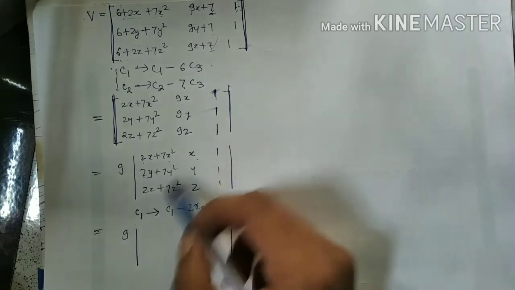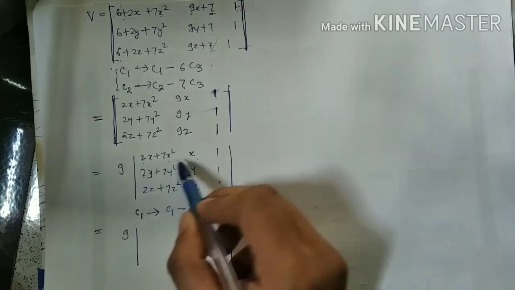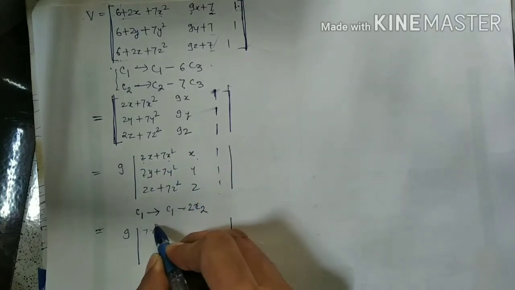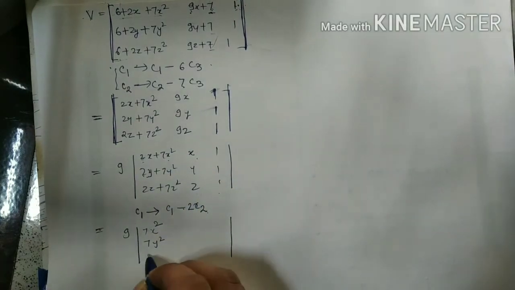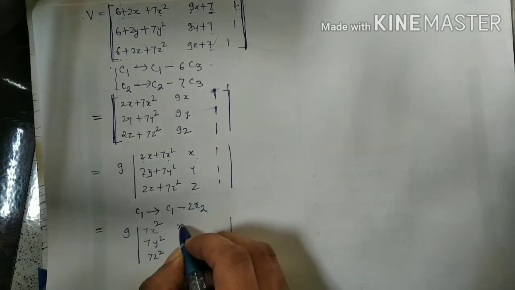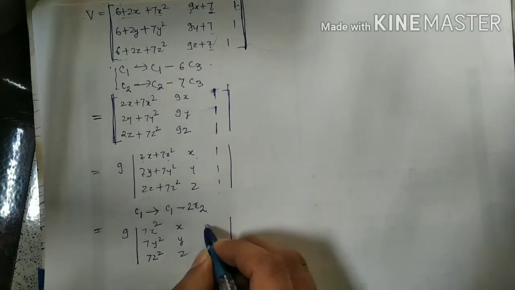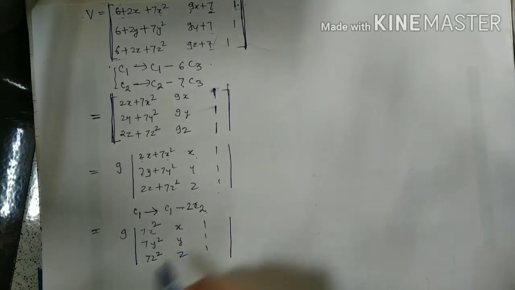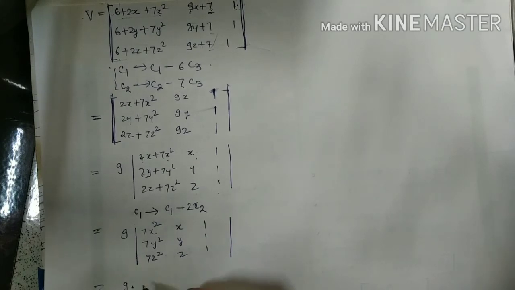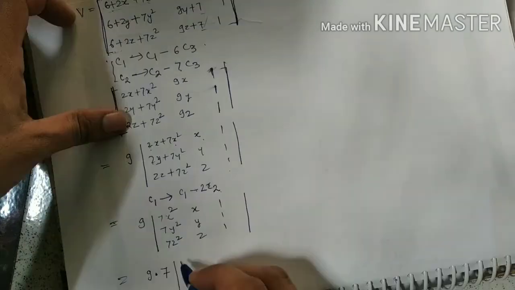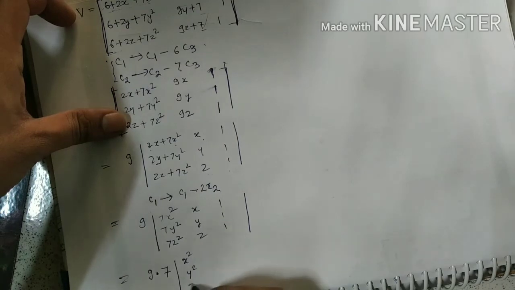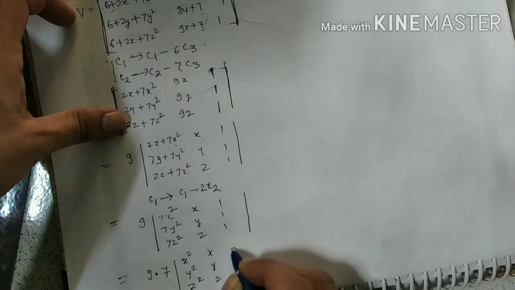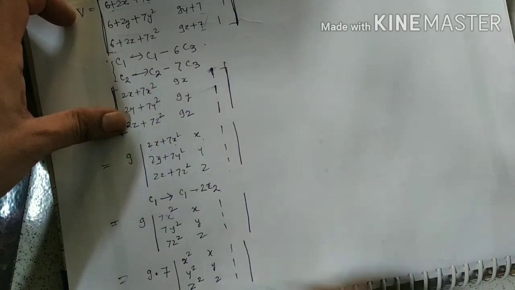What will happen if I perform this operation? 2x minus 2x will cancel, so we will be left with 7x square, 7y square, 7z square. In the second column we will have x, y, z. Now see, we have a factor of 7 in the first column. We can remove that factor, so it will become 9 into 7, and x square, y square, z square. In the middle column we will have x, y, z, and in the last column I have 1, 1, 1.